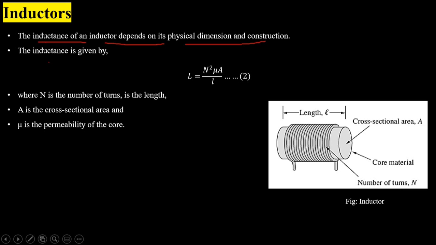And mathematically, inductance is given by the product of the number of turns squared, area of the inductor, and permeability, divided by the length of the inductor. If you look at figure A, L is the length of the inductor, A is the cross-sectional area, and N represents the number of turns of conducting wire, where mu is the permeability of the core.